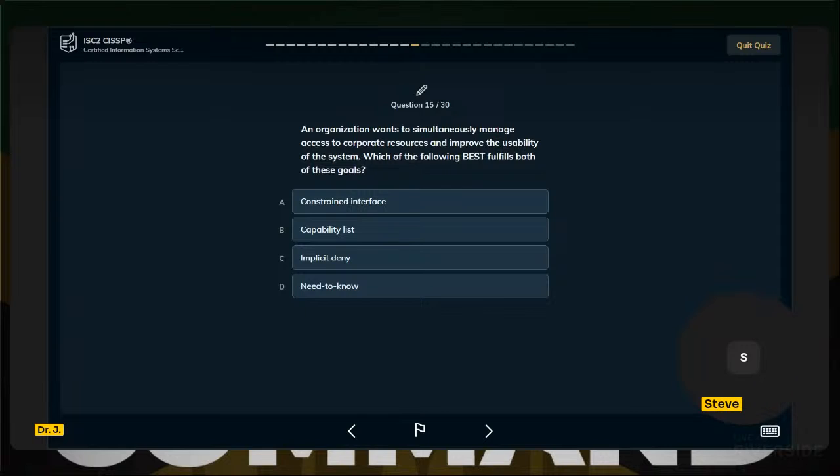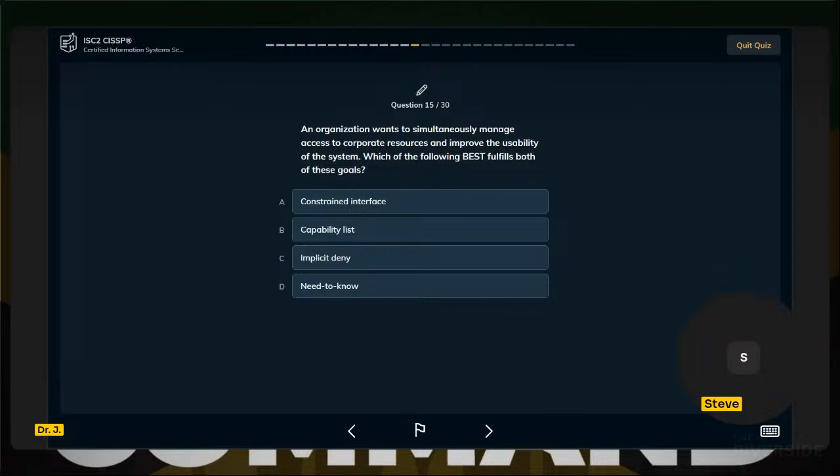Hold on, I was looking at Alpha, constrained interface. Because it says simultaneously manage access to corporate resources and improve usability, so you're not giving full range of access to everyone. You give them just enough to do what they need to do, where it doesn't hurt you.